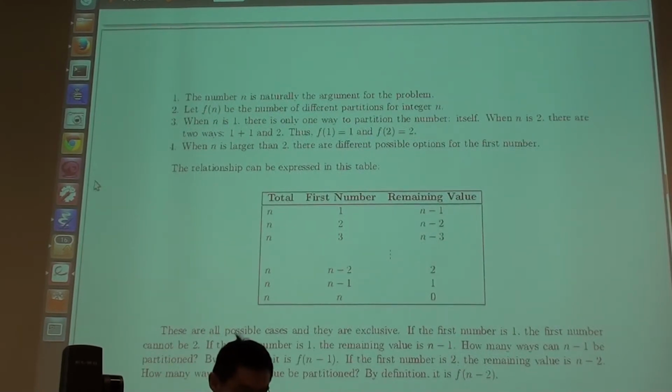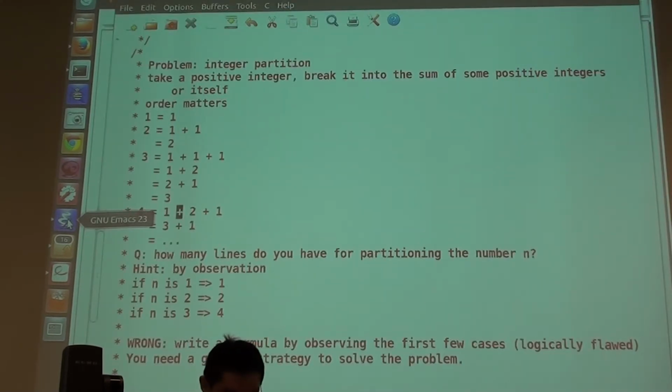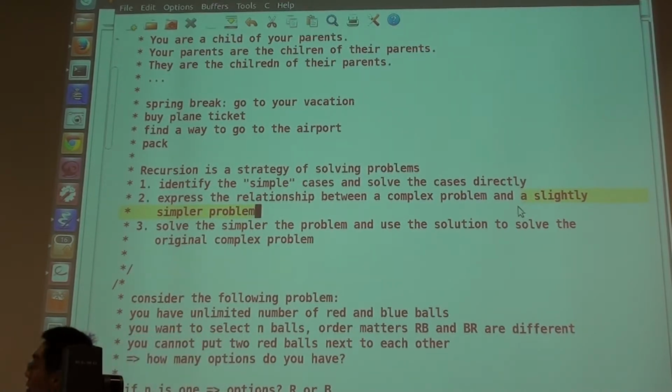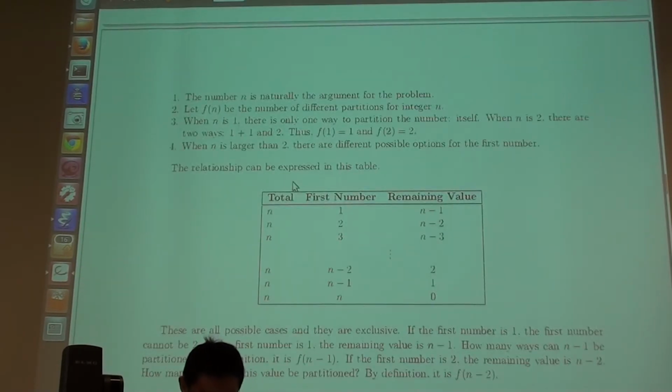Going back to what I said earlier, if you look at this recursion, you try to solve a slightly simpler problem. Instead of worrying about how to partition n, you say, let me worry about the very first number I use. Just one small step each time. So the first number can be 1, 2, 3 to n minus 1 and n. Do you agree?